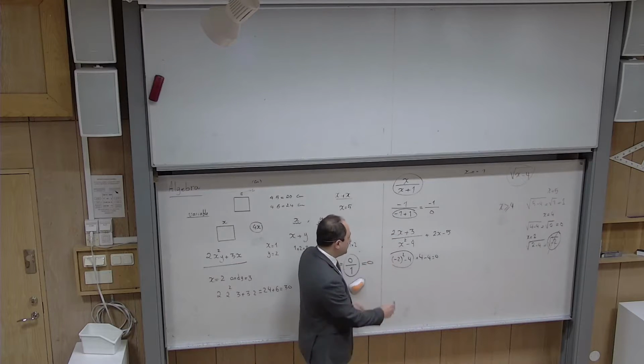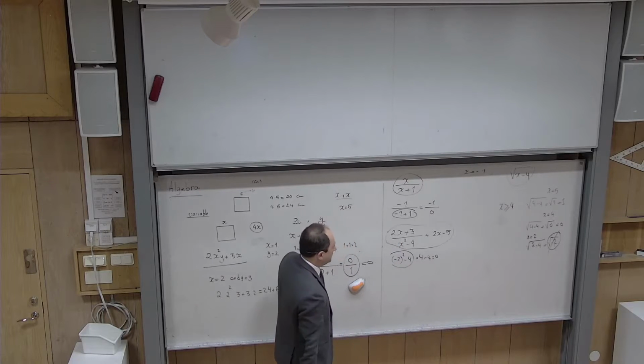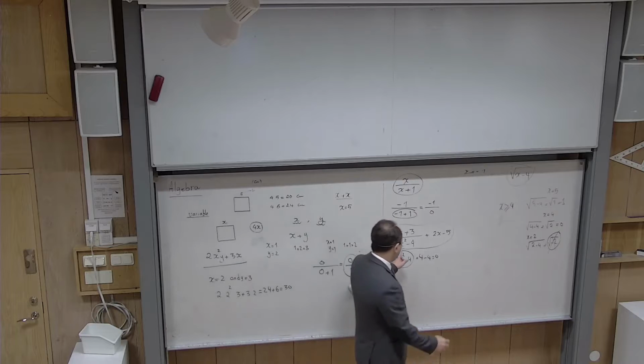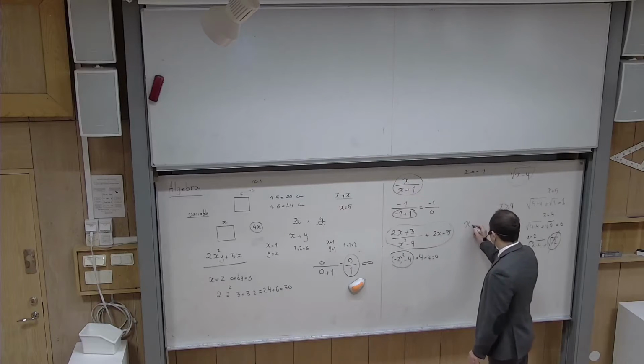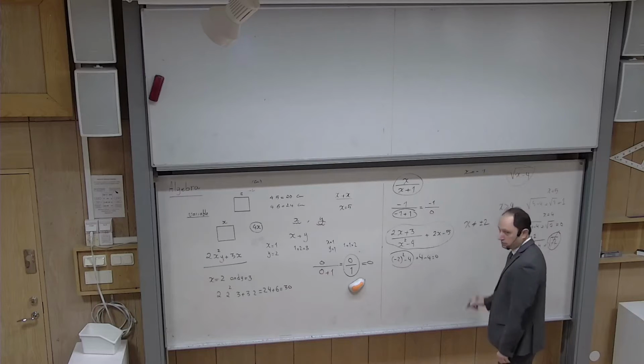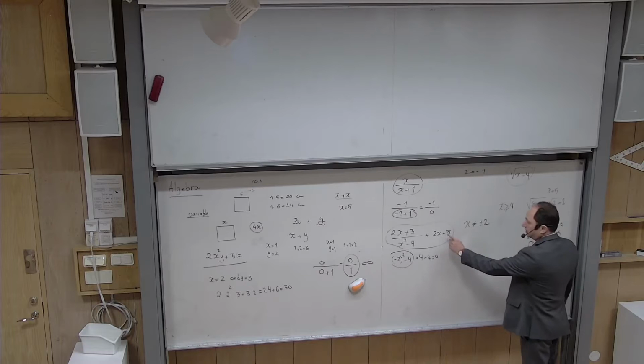So whenever you see this expression, even if you don't see it explicitly in the problem, you need to understand they mean that x is not equal to plus or minus 2. You are not allowed to use these.